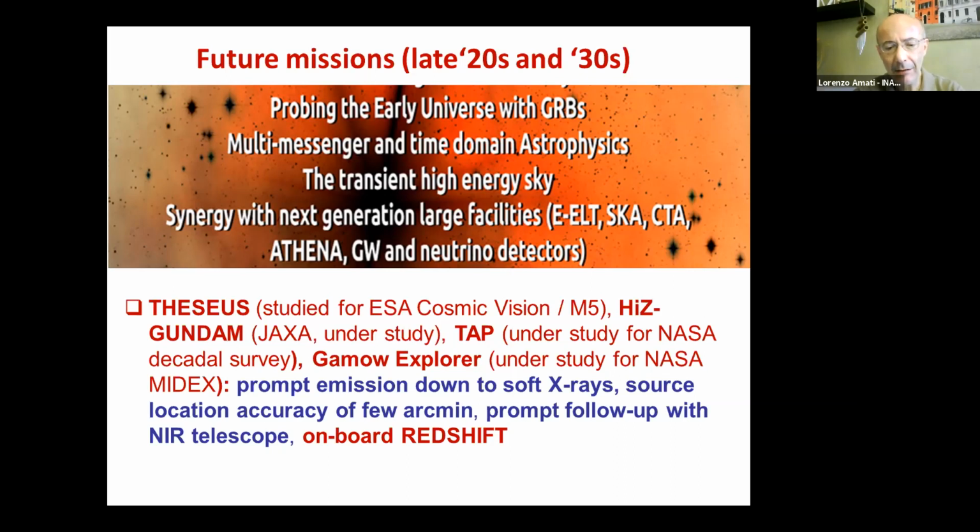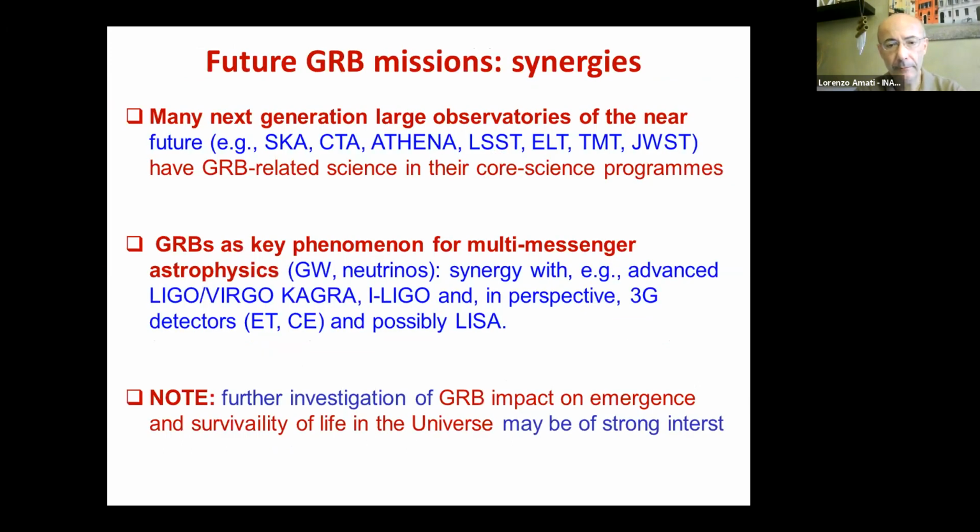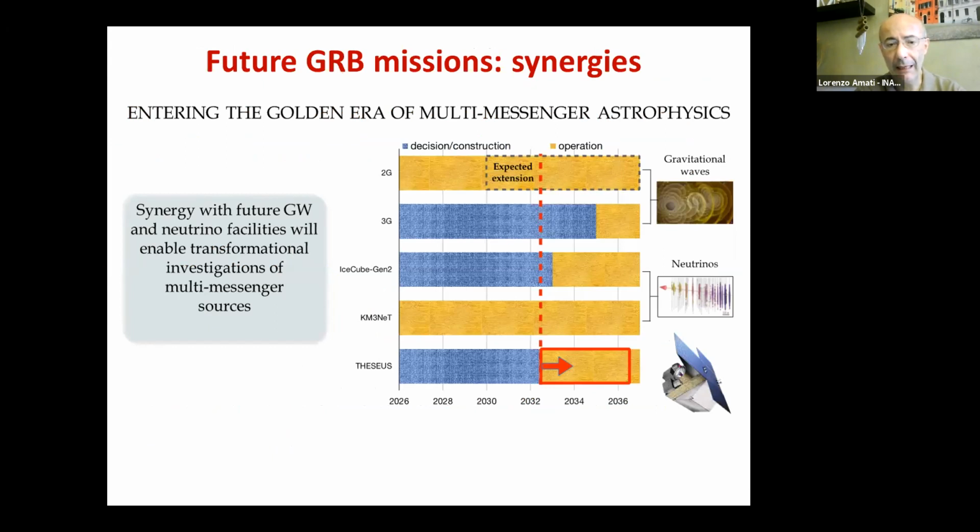We are building or already developing extremely large facilities in the optical, the Extremely Large Telescope, ELT, the TMT, in the radio, SKA, in the very high energy domain, CTA, or Athena, a mission by the European Space Agency in the X-rays. And of course, the same is true for gravitational wave and neutrino detectors. This is the path for the end of this decade and the next decade.